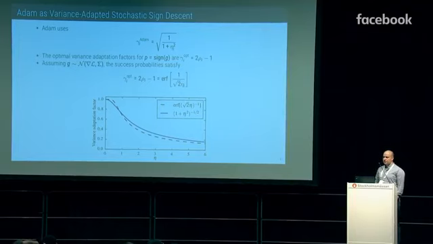But if we now assume G to be Gaussian distributed, centered around the true gradient, then we can compute rho_i in closed form, and 2 rho_i minus 1 in fact evaluates to this expression here. And if we plot the Adam factors and these optimal factors, we see that they are in fact pretty close to each other. So in that somewhat limited sense, we have identified the familiar Adam method as variance adapted stochastic sign descent.